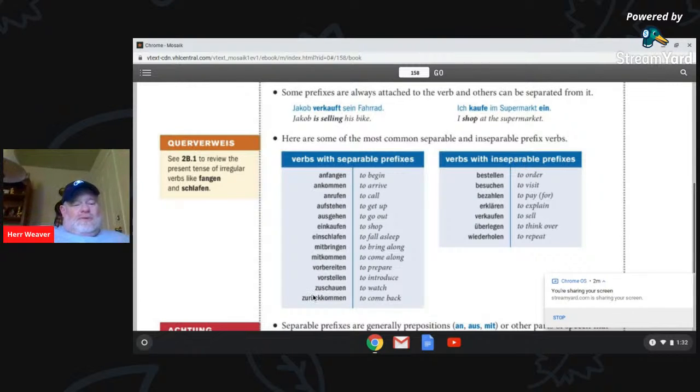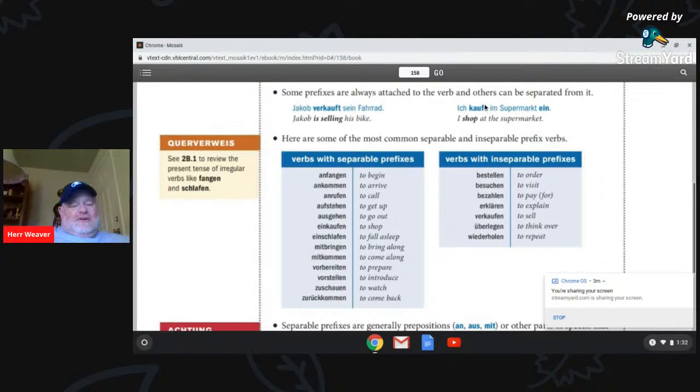There could be others, but these are separable prefixes. What that means is that you work with the main verb, fangen, kommen, rufen, stehen, and you take the prefix, whatever it is, and push it to the end of the sentence. It's the last thing in the sentence.